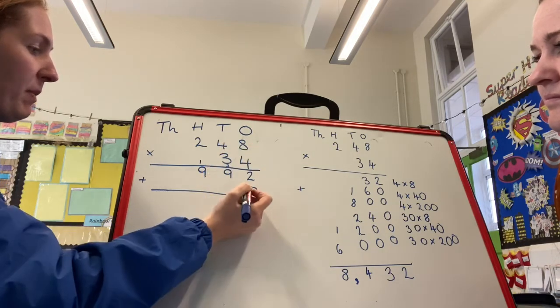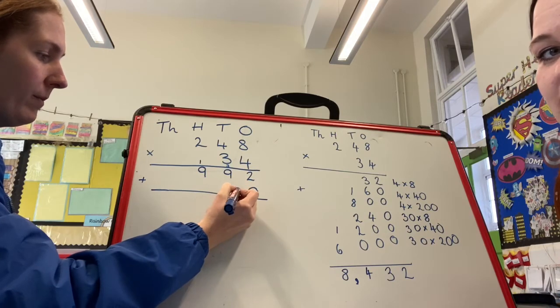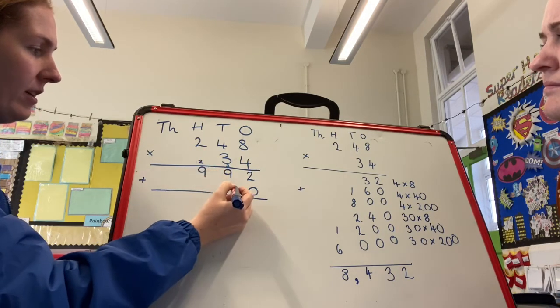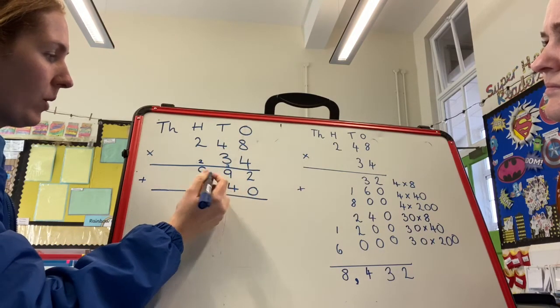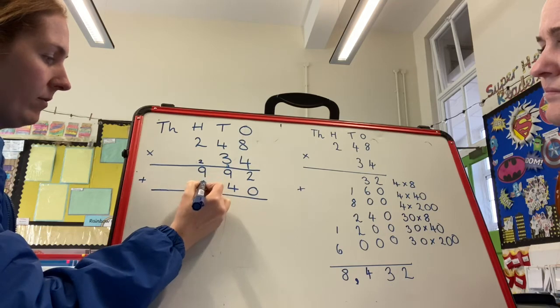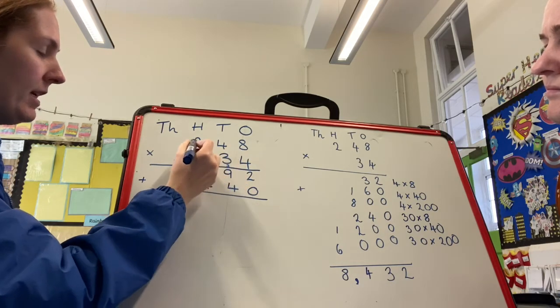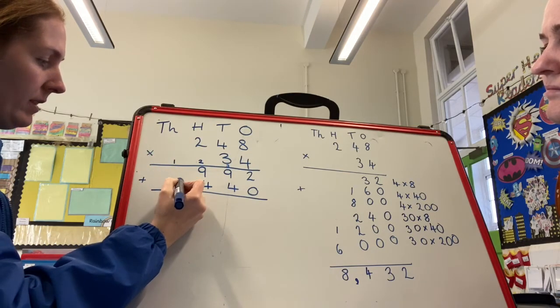So I'm going to say times by 3 instead of times by 30. 3 8s are 24. So I'm going to put the 2 there instead, 24. 3 4s are 12. 12, 13, 14. 3 2s are 6. Add on that 1, 7.